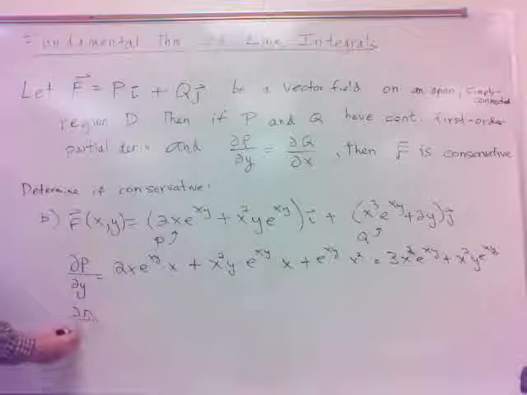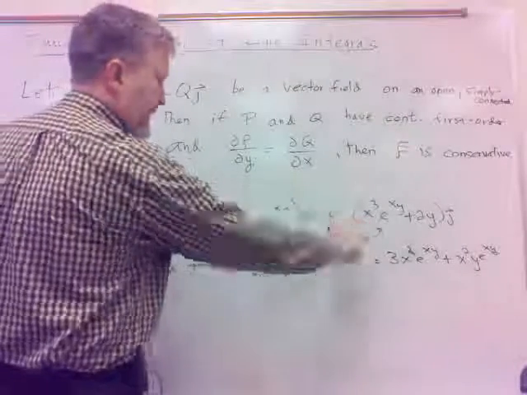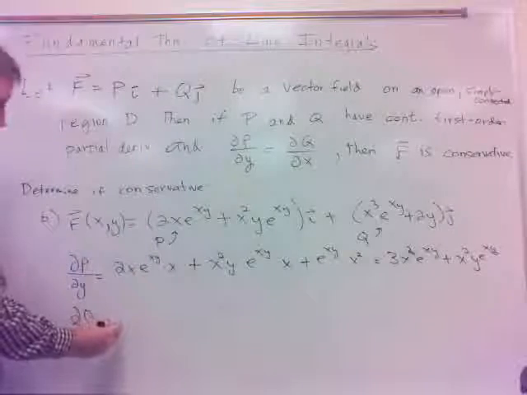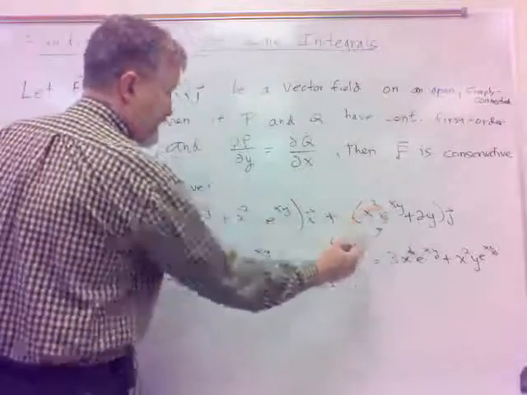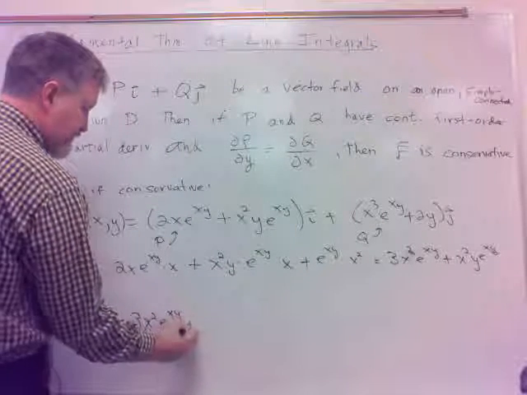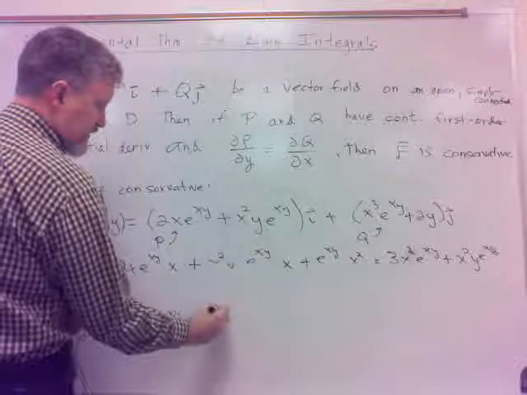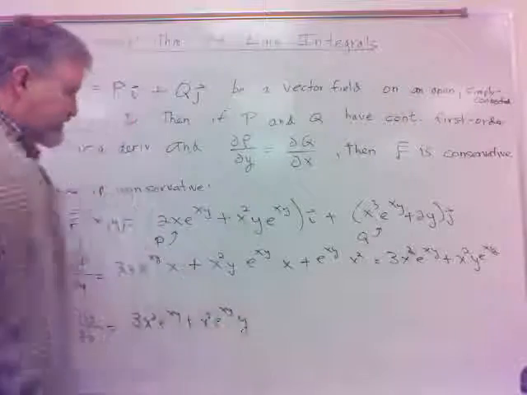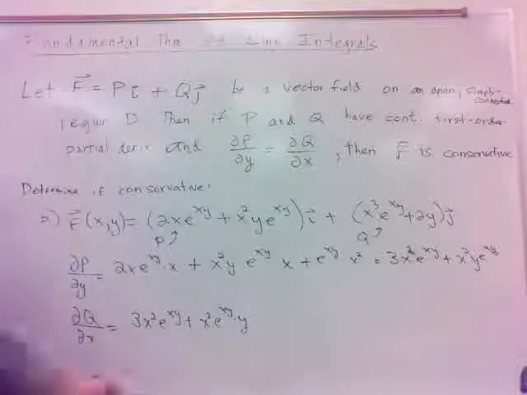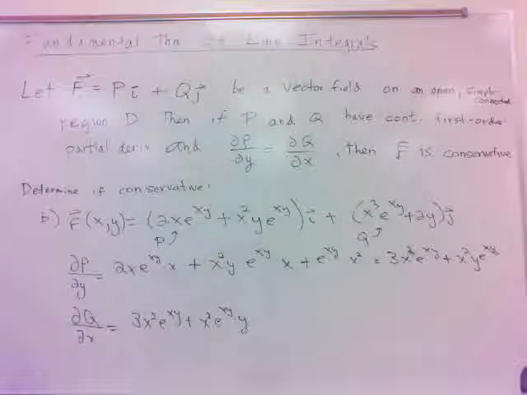Now look at the partial of Q with respect to x. We've got a product rule, so that would be 3x squared e to the xy, plus x cubed times the derivative of e to the xy, which would be e to the xy times y, plus the derivative of 2y with respect to x, which is 0.